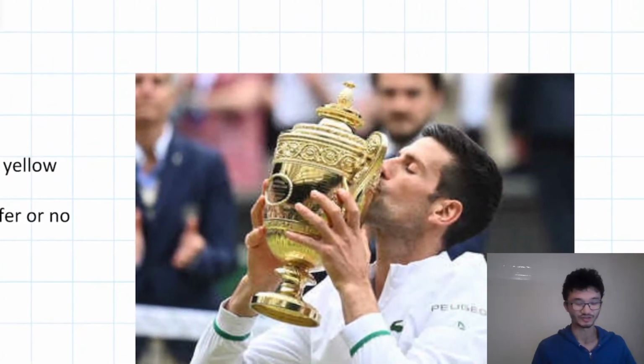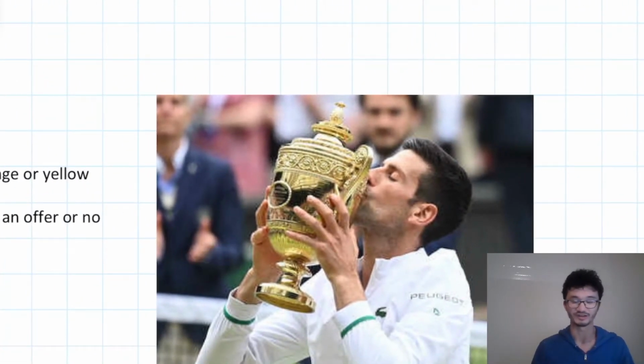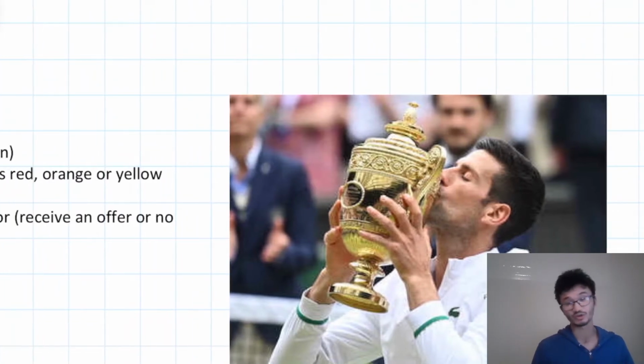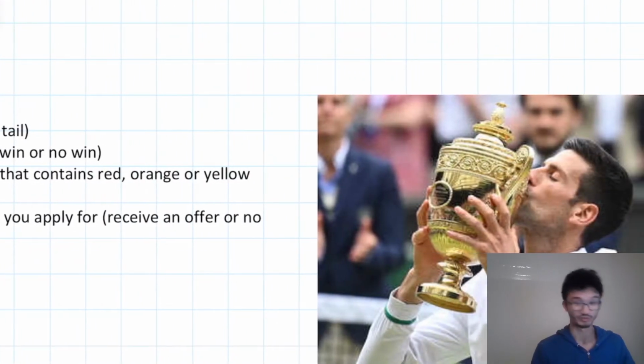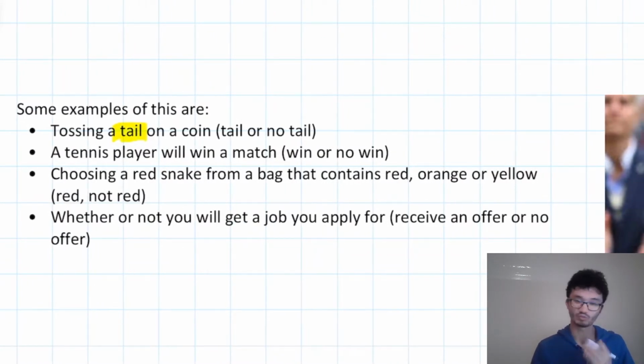Recently, Novak Djokovic won the Wimbledon Grand Slam, and that's pushed him up to now 20 titles, which rivals Rafael Nadal and Roger Federer, the GOAT. But I guess that begs the question, what was the probability that he would win that particular match, or in the future that he'll win more matches as well? This is the kind of question a Bernoulli random variable and ultimately a Bernoulli distribution will try and answer.